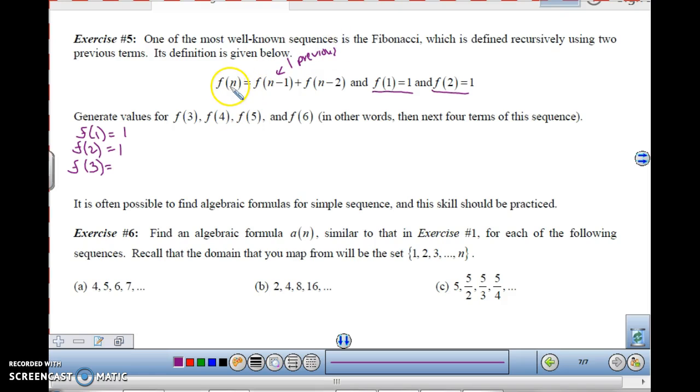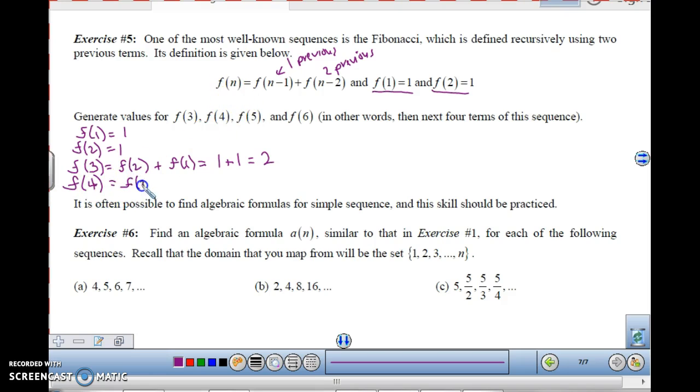So if this is 3, this one would be f of 2, plus, well, whatever term you're on here, this would be 2 previous to it. So that would be f of 1. So f of 2 was 1, f of 1 was 1, so it's 1 plus 1 is 2.